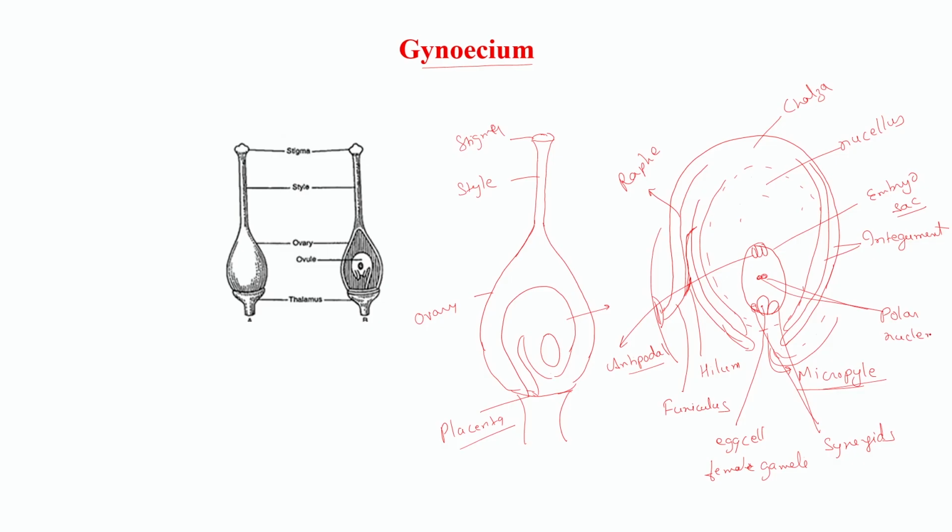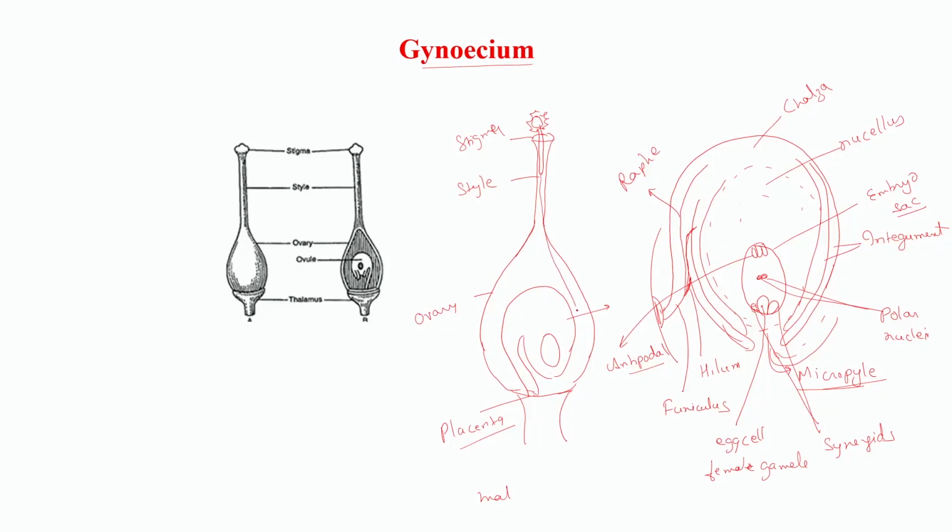They will all participate in the fertilization process, so the male gamete and female gamete will fuse. The pollen grain will fall on this stigma. Then it germinates with the help of germ pores. Germ pores are the region through which the pollen tube will come out, because the entire exine is very tough and it is very difficult to break. So the tube will come out through the germ pore, enter, and reach the micropylar end.